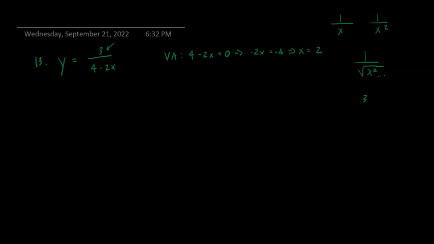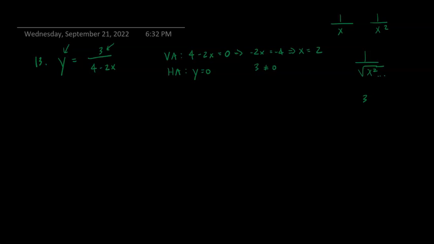That's what a constant is. If we have any number in the numerator, our horizontal asymptote is always going to be y equals 0, because there is no way that y could turn into a 0 unless that 3 became a 0, and 3 does not equal 0, so therefore y has to equal 0.